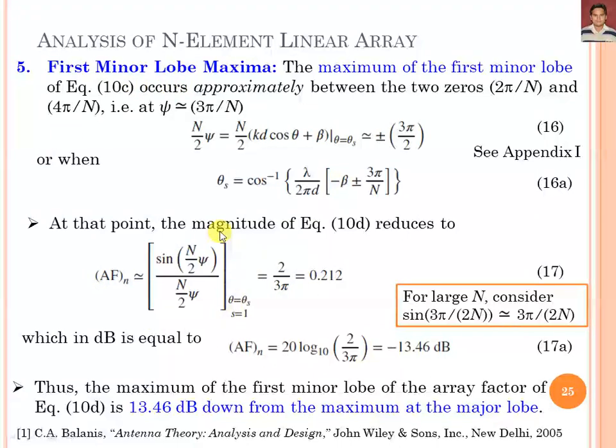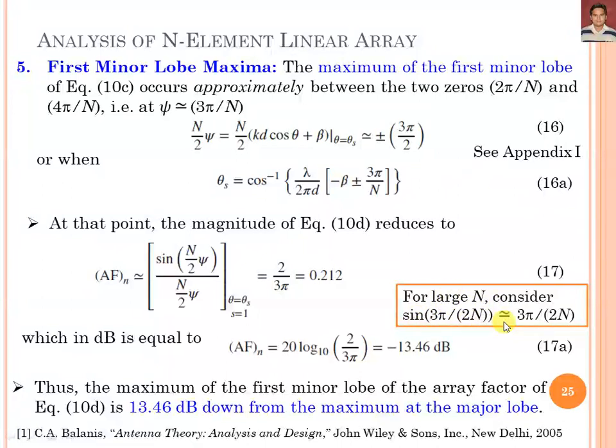Then you will get the value of the array factor for the first minor lobe maxima, which is equal to 2 upon 3 pi, equal to 0.212. You get this value after considering a large number of array elements and sine of theta approximately equal to theta, which is equal to 3 pi upon 2 twice of n.